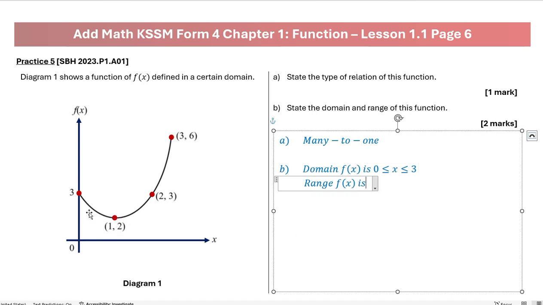Here is 1, here is 2. The lowest point is 2. So 2 ≤ f(x), and the highest point is 6. As I said, you can see clearer if you draw the dotted line here. 3, 6. So the vertical column covered by the graph is between 2, the lowest point, and the highest point 6. Provided you know how to read coordinates. But to read coordinates is very simple, (x, y).